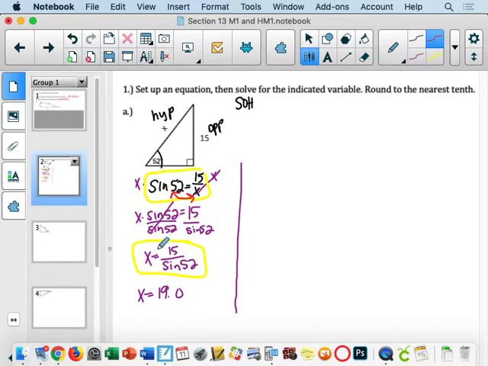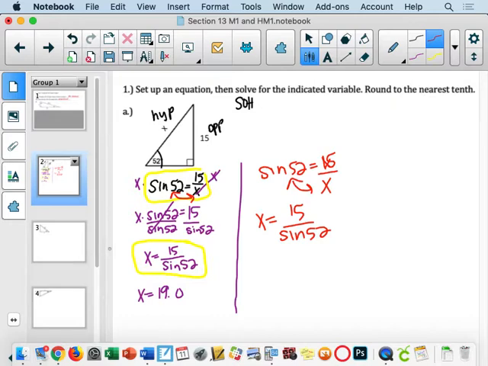When x is in the bottom, you can swap them. So when you see sine of 52 equals 15 over x, I do want you to write this out. You could just draw an arrow and say x equals 15 divided by the sine of 52.